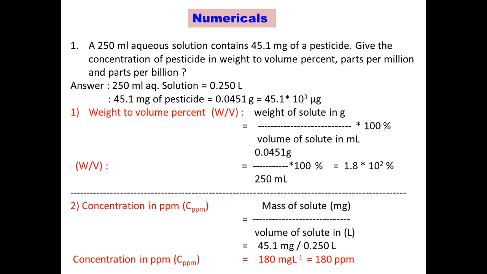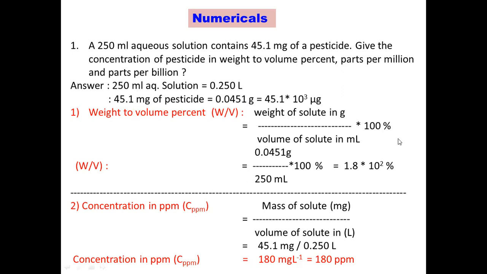First, weight to volume percent, that is W by V. We have the formula: weight of solute in gram divided by volume of solution in ml. The weight of solute is already given, that is the pesticide quantity. The volume is also given, 250 ml of aqueous solution. That will be multiplied by the factor 100 percent, as it is a type of percent solution.